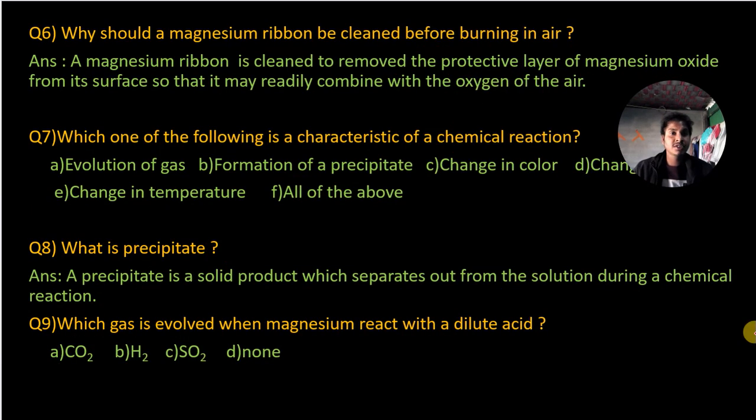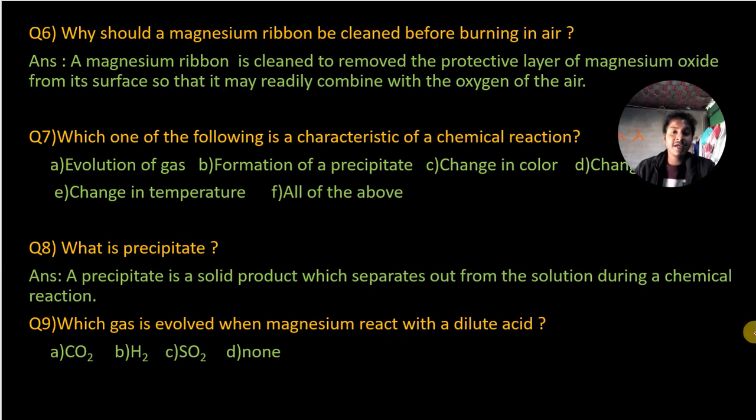So the next question is, why should a magnesium ribbon be cleaned before burning in air? This is from our NCERT book. A magnesium ribbon is cleaned to remove the protective layer of magnesium oxide from its surface so that it may readily combine with the oxygen of the air.